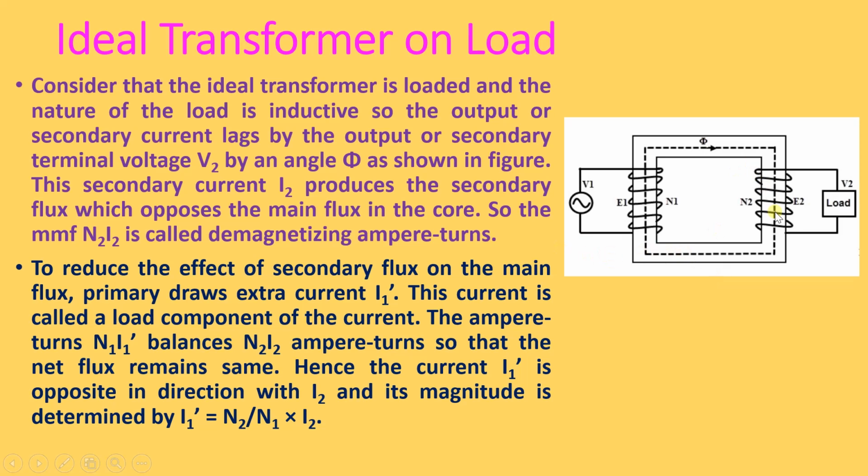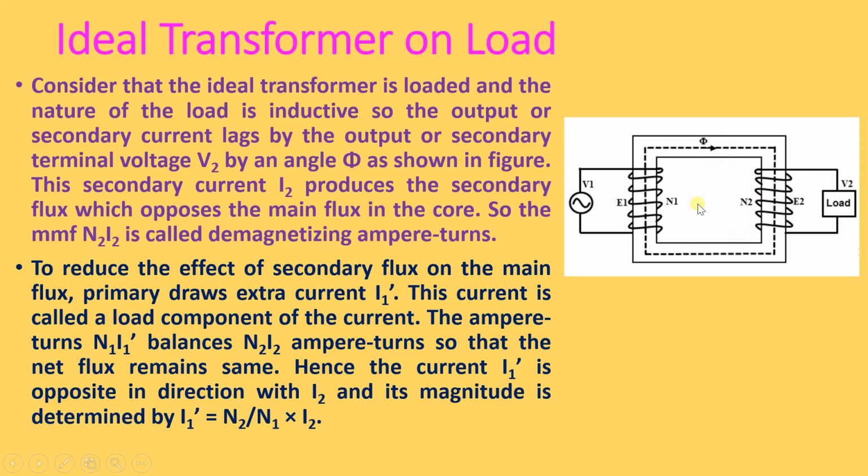When the current I2 is produced in this circuit, it produces a flux which opposes the main flux. This is the main flux which is flowing in the circuit. But when this secondary circuit is complete, because of the connected load, a flux is produced which opposes the flow of the main flux.